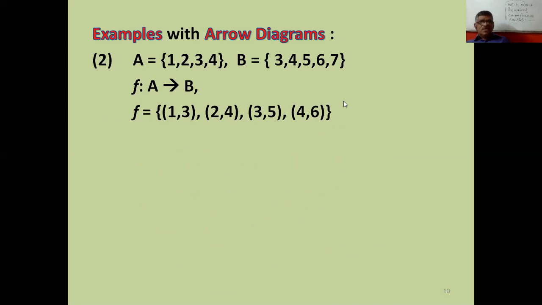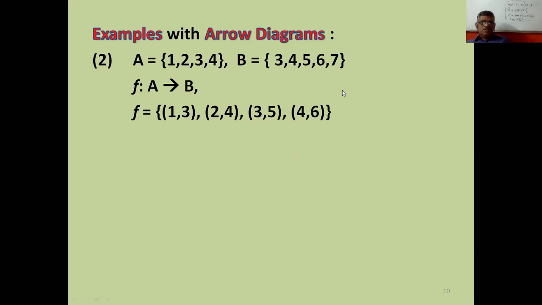Okay, let me take this. Can you tell without the arrow diagram, what kind of function is this? You read from here: 1, 2, 3, 4. Now the image set: 3, 4, 5, 6, 7. Only 3, 4, 5, 6 are there. 7 is not coming as an image.